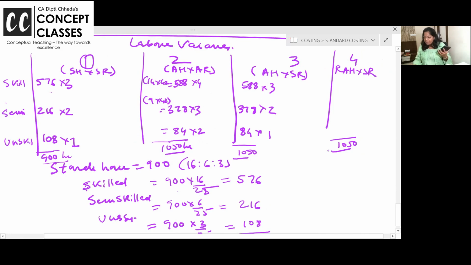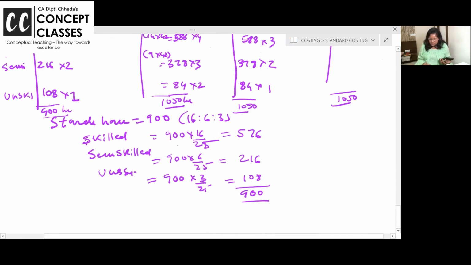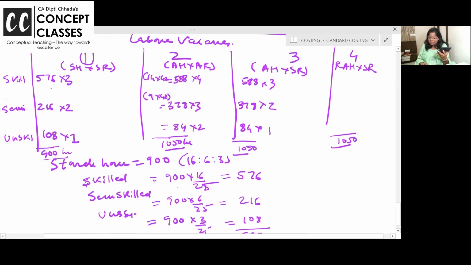But at least use actual hours. Revised actual hours are 1050 in 16:6:3. Just like in material you used 2460 kg instead of 2400, but used it in the standard mix. So 1050, use it in standard.